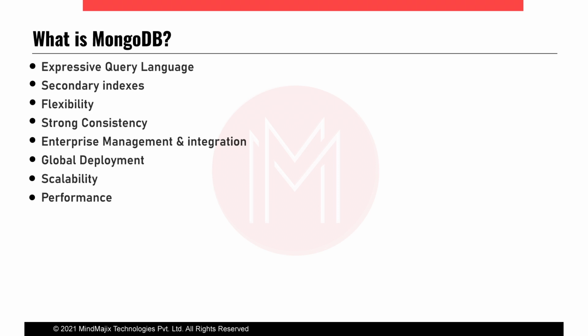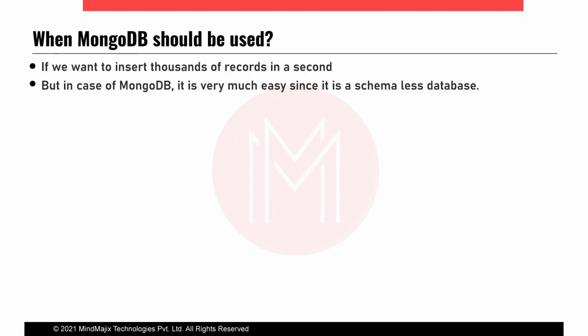Then we'll move to the next point: when MongoDB should be used. If I have very few data, it definitely supports that. If I have huge data, it definitely supports that. This is a major point. If we want to insert thousands of records at the same time, MongoDB supports this.